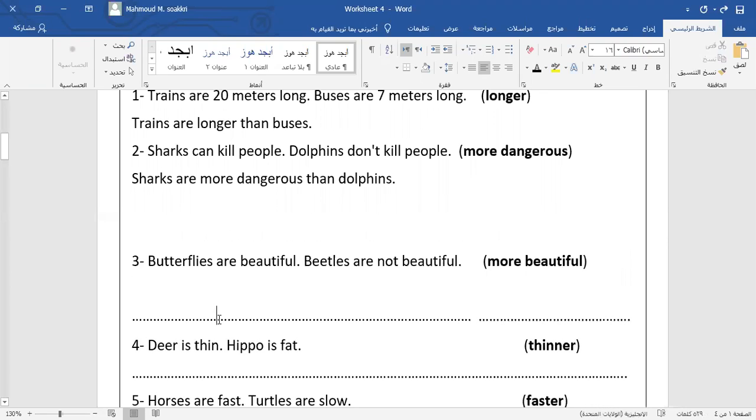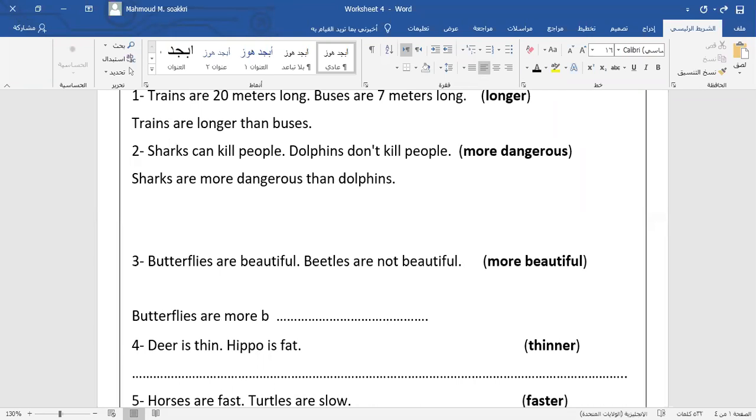Butterflies. Which is part 1? Butterflies, yes. Are. Can we say is here, Muhammad? Can we say butterflies is? No. Is it plural word or singular word? Plural. Excellent. So butterflies are. More. Excellent. More.